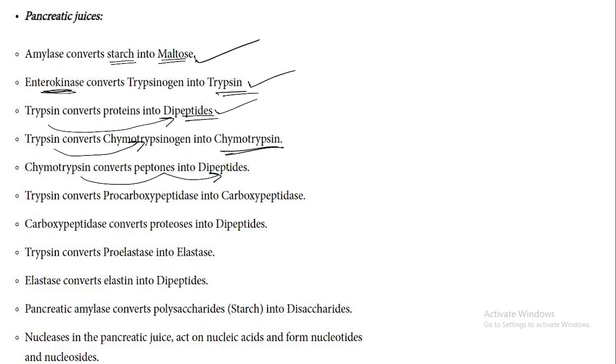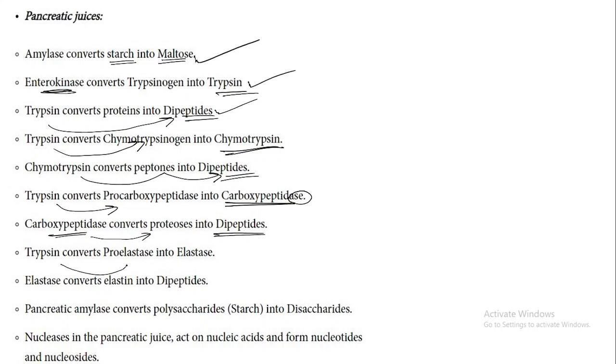Finally, they need to get converted into dipeptides so that the dipeptides are broken into amino acids. Trypsin also converts procarboxypeptidase into carboxypeptidase. Anything that ends with ASE is an enzyme. Carboxypeptidase now converts proteoses into dipeptides.